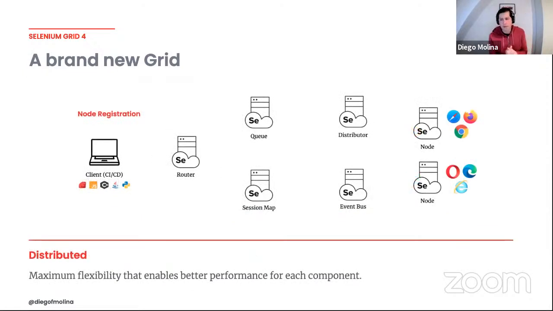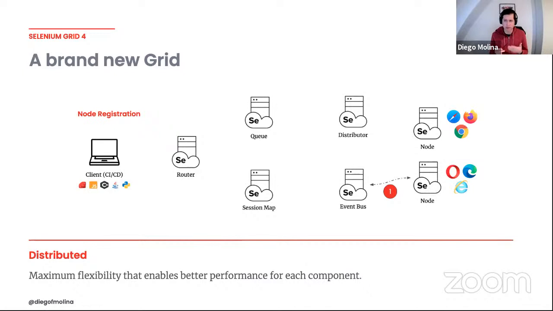So let me show you how the new grid is smarter in the sense of routing, for example. Let's see how a new node is registered to the grid. The first step is that a node will send a message through the event bus.